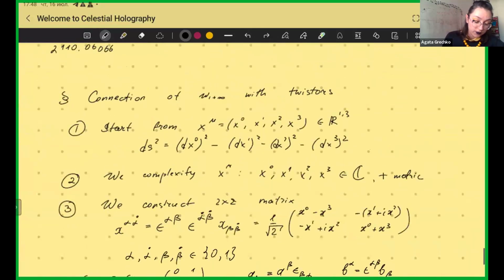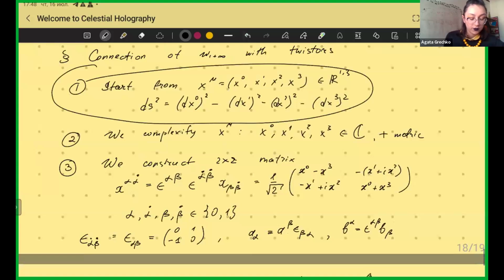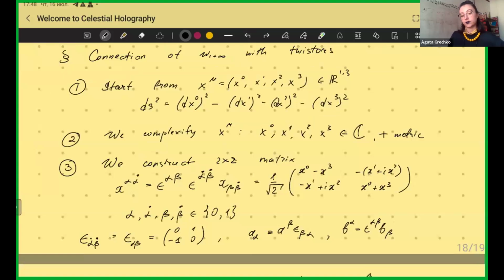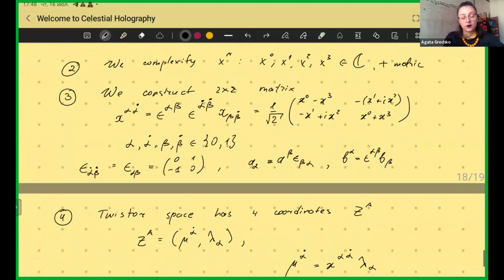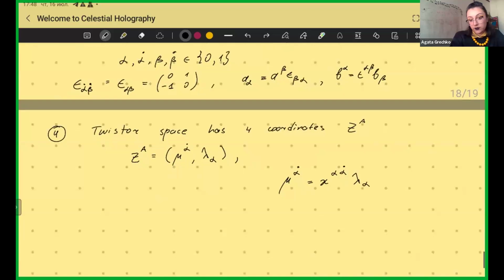But another thing that I should say is that all of this was in Minkowski space, with the following metric. But our spacetime, even though being asymptotically flat, is not Minkowski. It's curved, so the metric has a different form. When the spacetime is not flat anymore, our twistor construction will not be that straightforward.